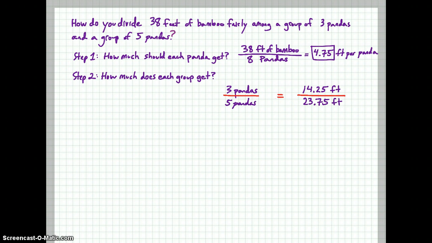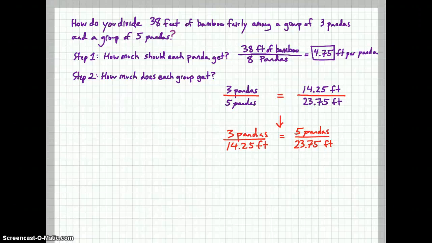There are some neat little things you'll also notice here, like that we have ratios. 3 to 5 pandas would give us a ratio of food that's 14.25 to 23.75. We could rewrite those ratios in this order. There's the pattern of how I picked out those numbers.